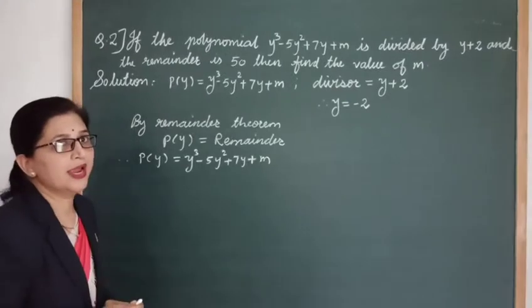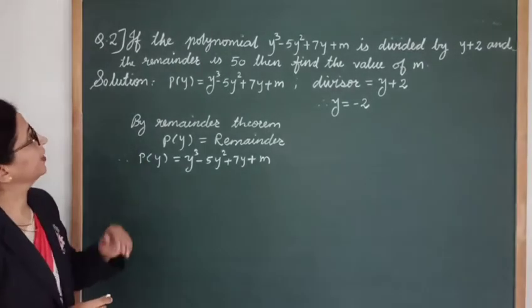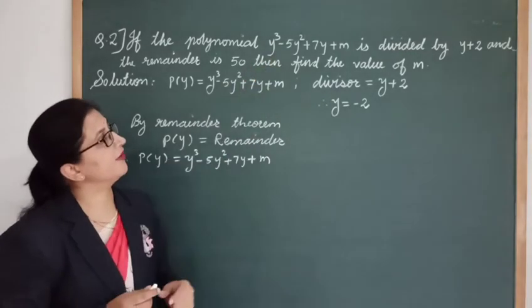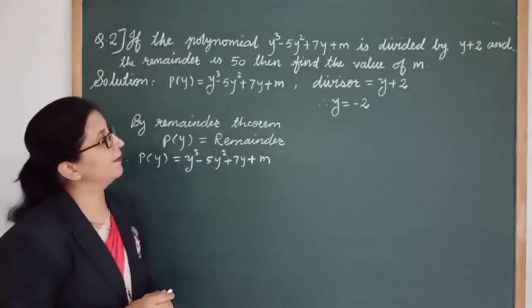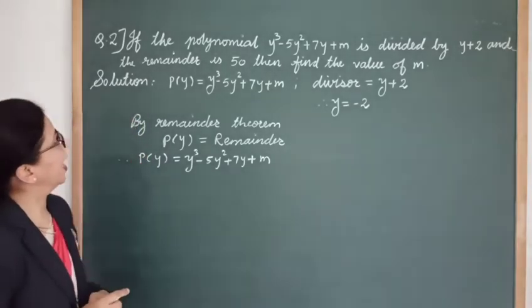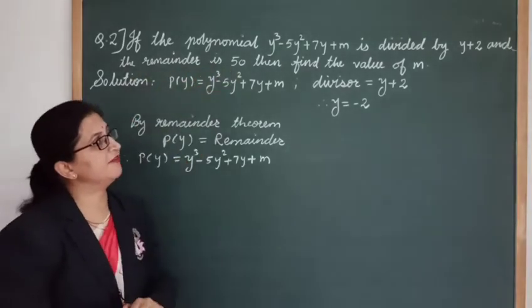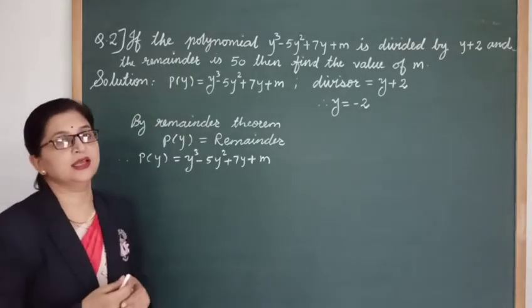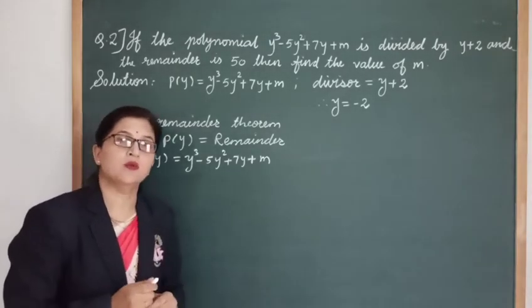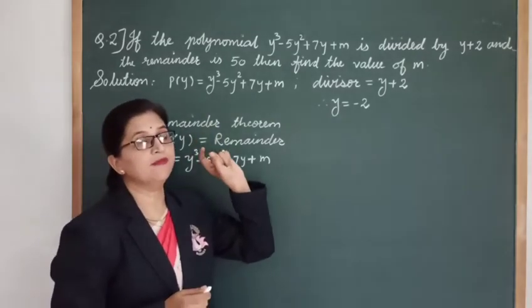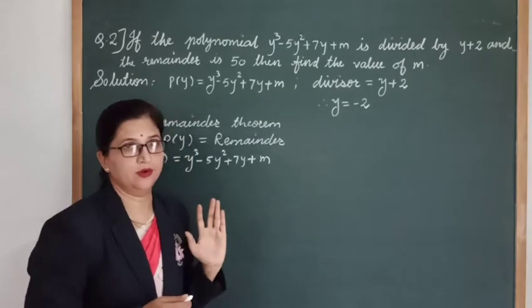Now dear students, we have another example. If the polynomial y cube minus 5y square plus 7y plus m is divided by y plus 2 and the remainder is 50, then find the value of m. In the previous question, we were given the value of the variable.